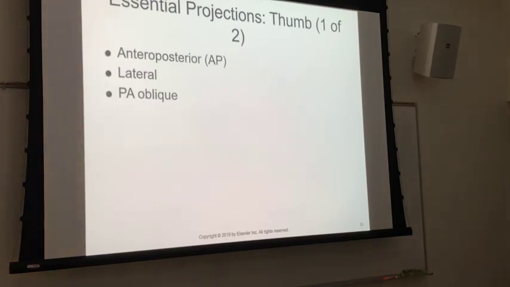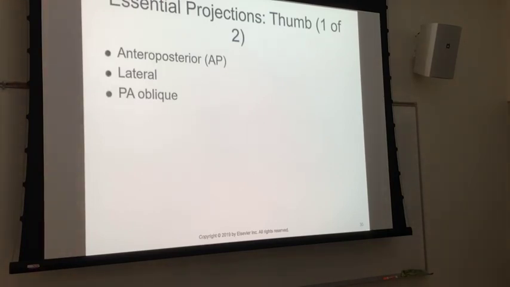But if they can't, then you need to find a different way to position the patient, possibly again with the patient upright. So since we've got to get all the way down to the proximal end of the metacarpal, what we've got to be careful of is not putting the rest of the hand directly over the proximal end of that metacarpal. Extend the hand enough so that you can see the carpal metacarpal joint space.